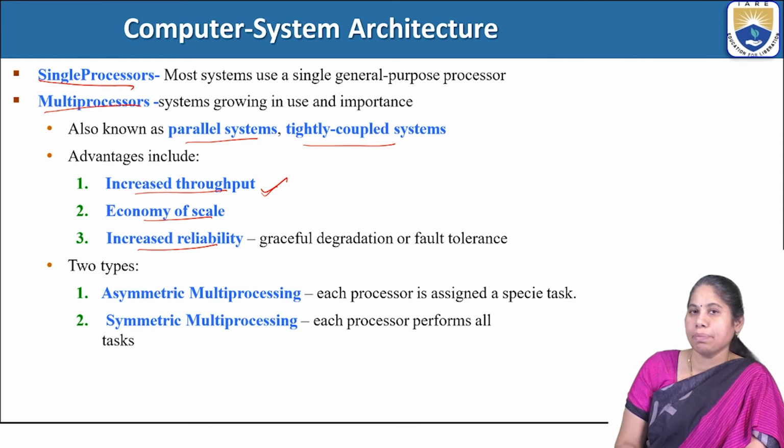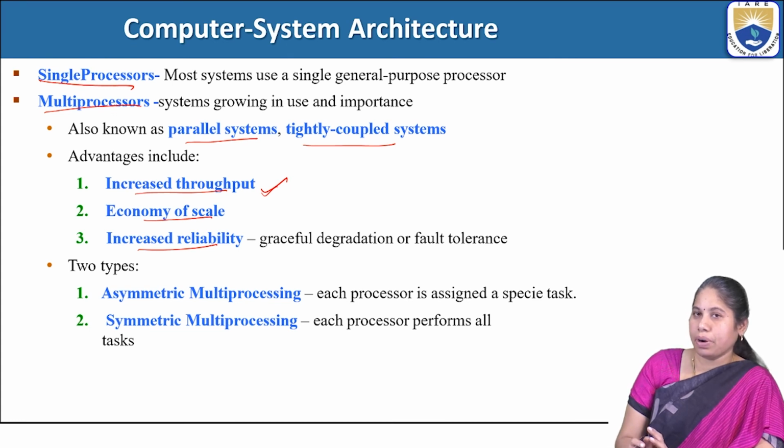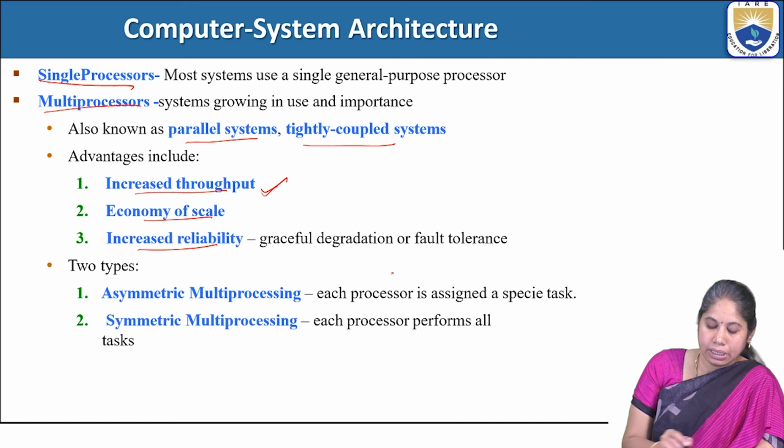That is increased reliability, graceful degradation or fault tolerance. So I will put in checkpoints. With those checkpoints, if a system fails anywhere, I can store from checkpoint to checkpoint and bring it back from the back end to the system. This is nothing but increased reliability.